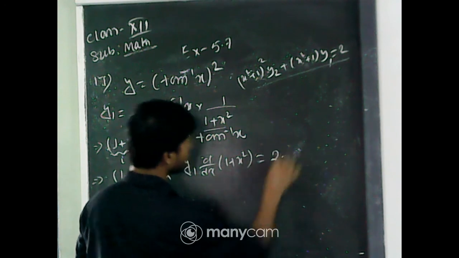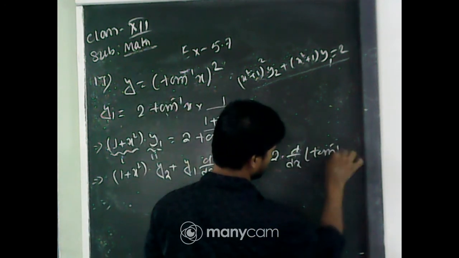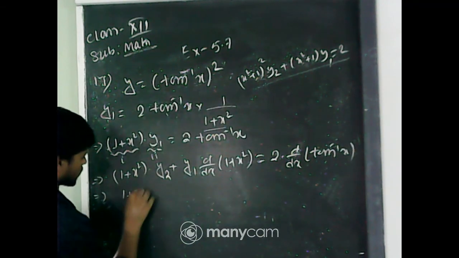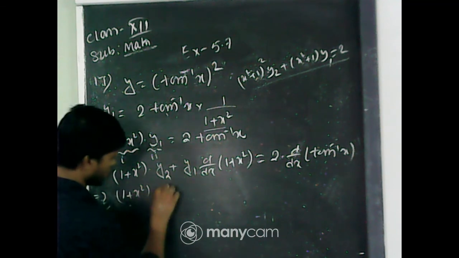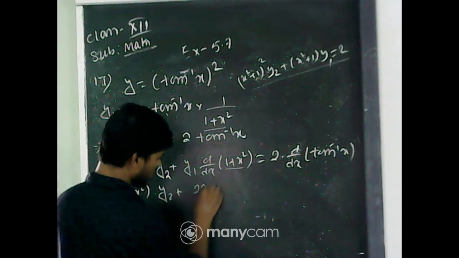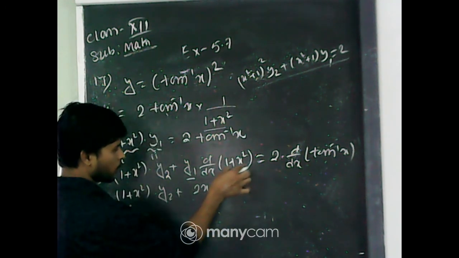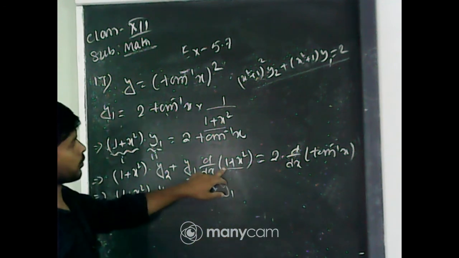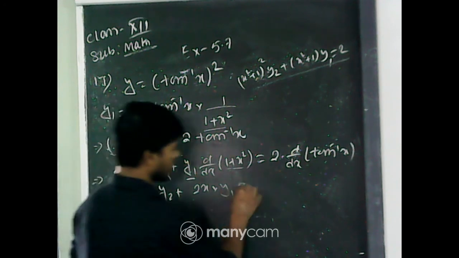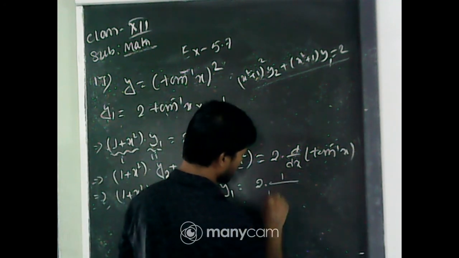That means 1 plus x square into y2 plus 2x into y1. The derivative of 1 is 0, and the derivative of x square is 2x, into y1. That is equal to 2 into the derivative of tan inverse x, which is 1 by 1 plus x square.